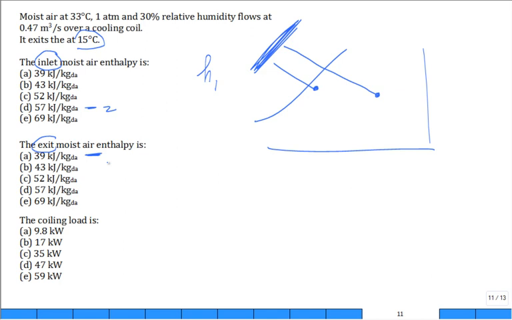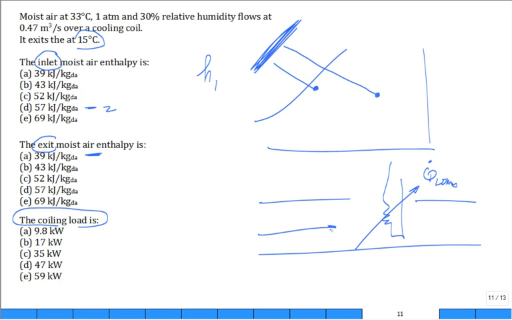So now, what is the cooling load on the coil? So you have this coil, and you're basically doing like this. What is Q dot load on that coil that really comes out of the airstream, the moist air stream, with no condensation?